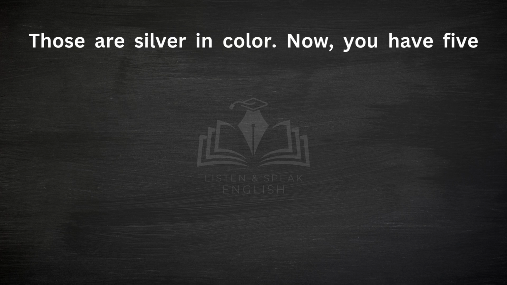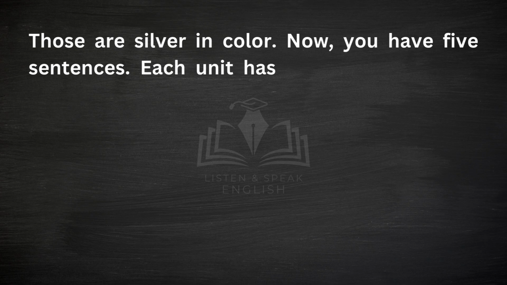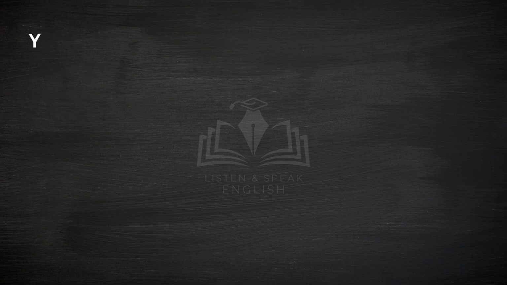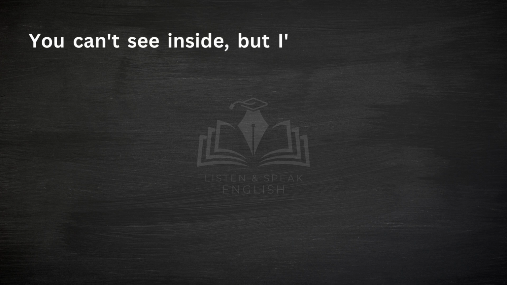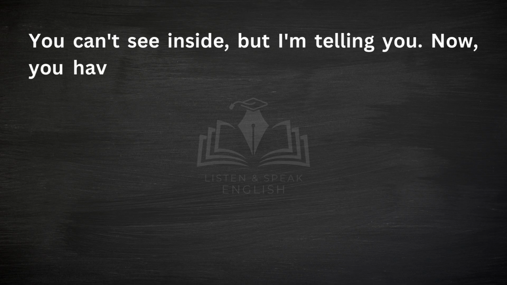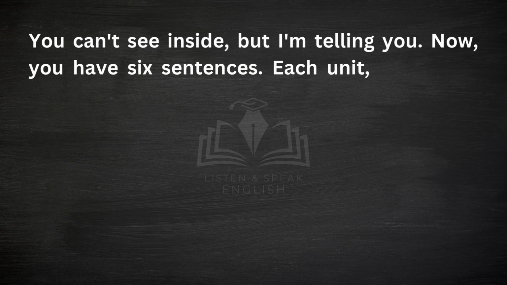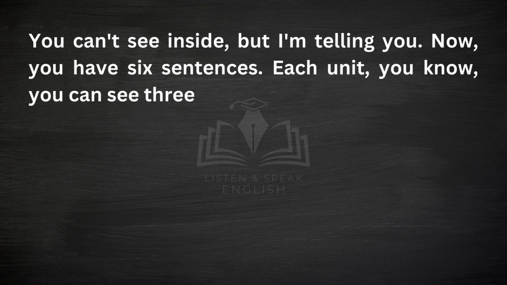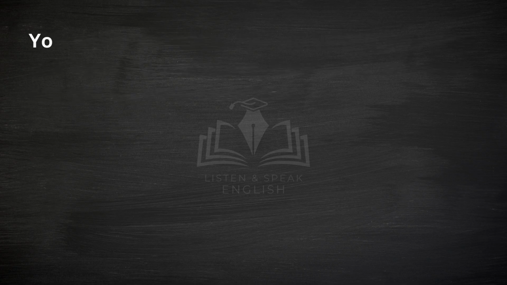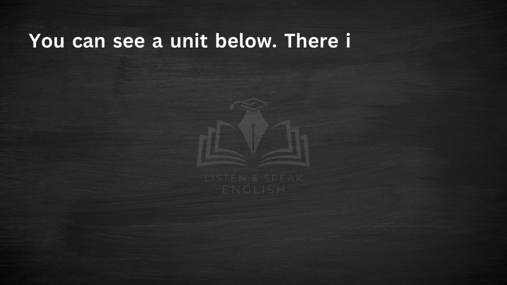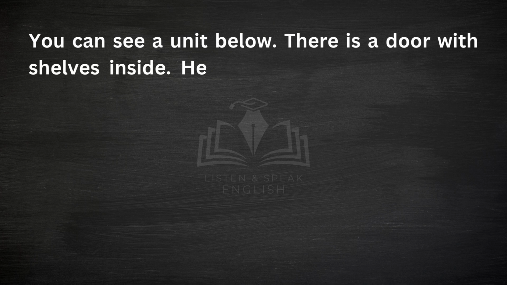Now, you have 5 sentences. Each unit has a special door with shelves inside. You can't see inside, but I'm telling you. Now, you have 6 sentences. Each unit, you can see 3 units here. You can see a unit below. There is a door with shelves inside.